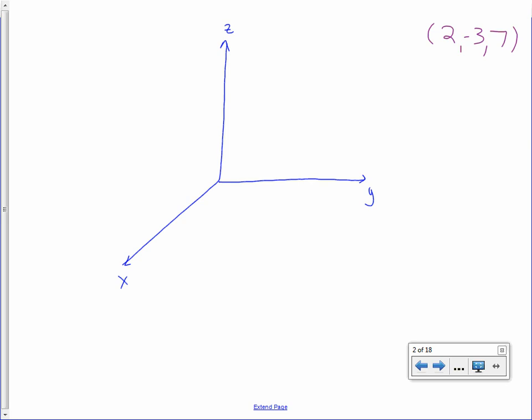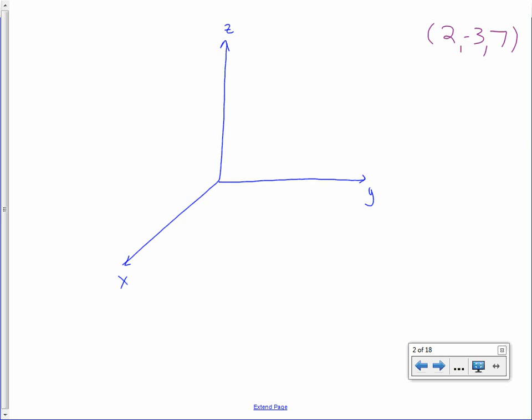If we're plotting the point 2, negative 3, 7, where do we always start counting when we plot points? We start at the origin. Now, I want you to leave a trail as you plot this point. I'm about to go 2 units in the x direction.